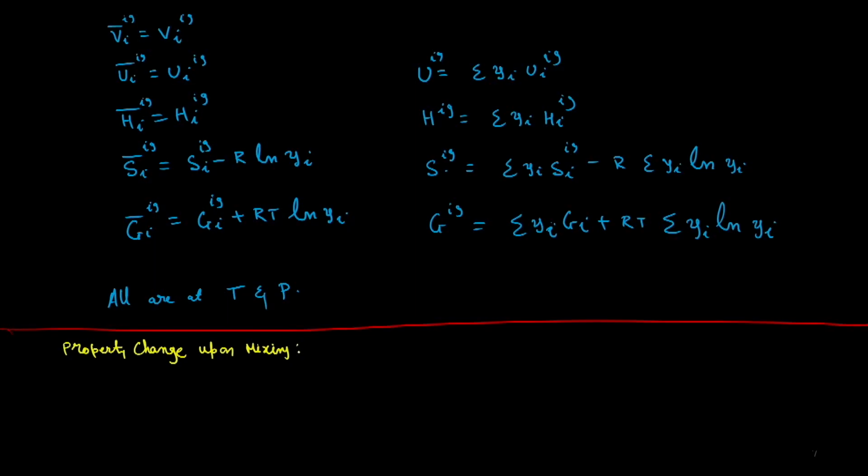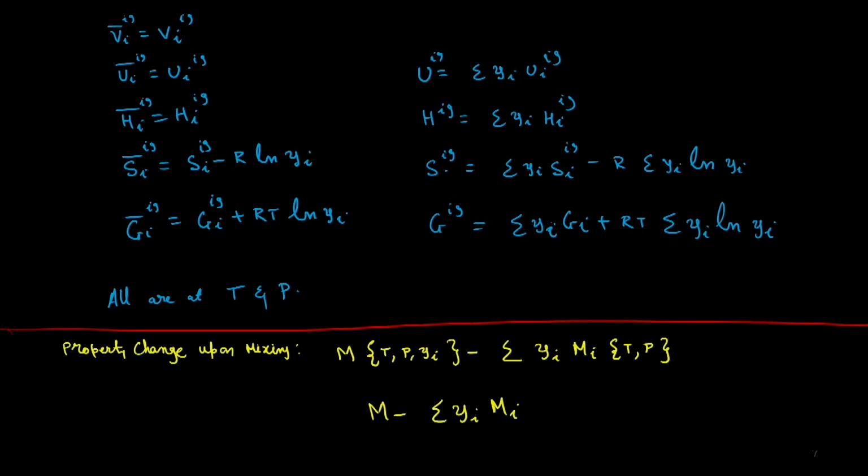The way we define property change upon mixing is the property of the mixture at T, P, and yi minus the pure component properties weighted with their mole fractions, also at the same temperature and pressure, right? So for the sake of clarity, I'm going to drop the functionalities. This is simply M minus sigma yi Mi. M as well as Mi are all taken at the same temperature and pressure, and the corresponding mole fraction for M is yi, of course, right?